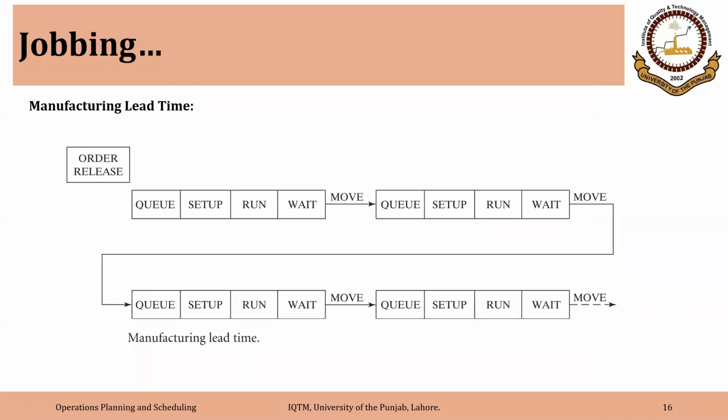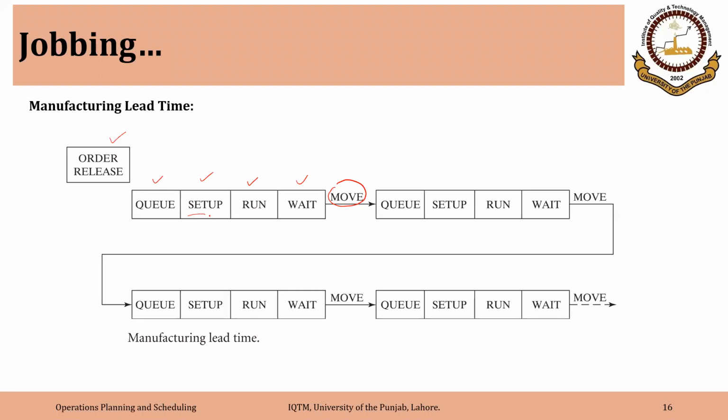So there are 5 components of a manufacturing lead time. So for example, in this case, if there are 4 workstations, so first the order will be released. And then there are 5 elements of manufacturing lead time. So we are having queue, we are then having setup, run, and wait. And finally, move. So queue is actually the raw material or semi-finished product waiting to be processed on the next process.